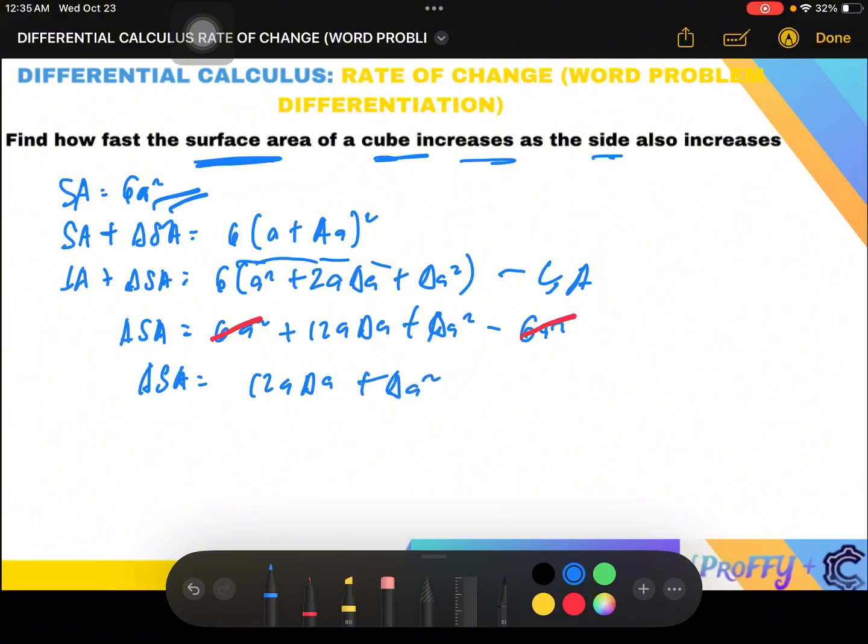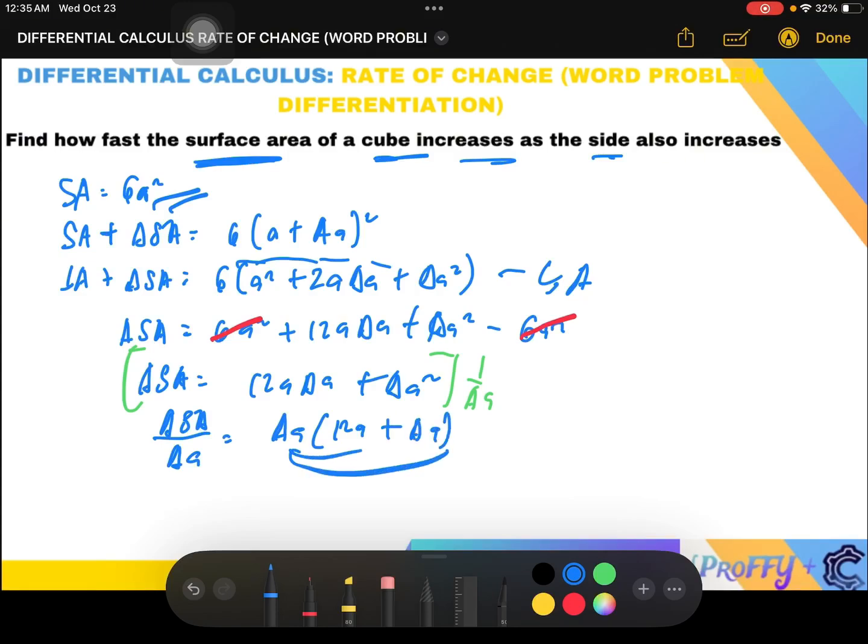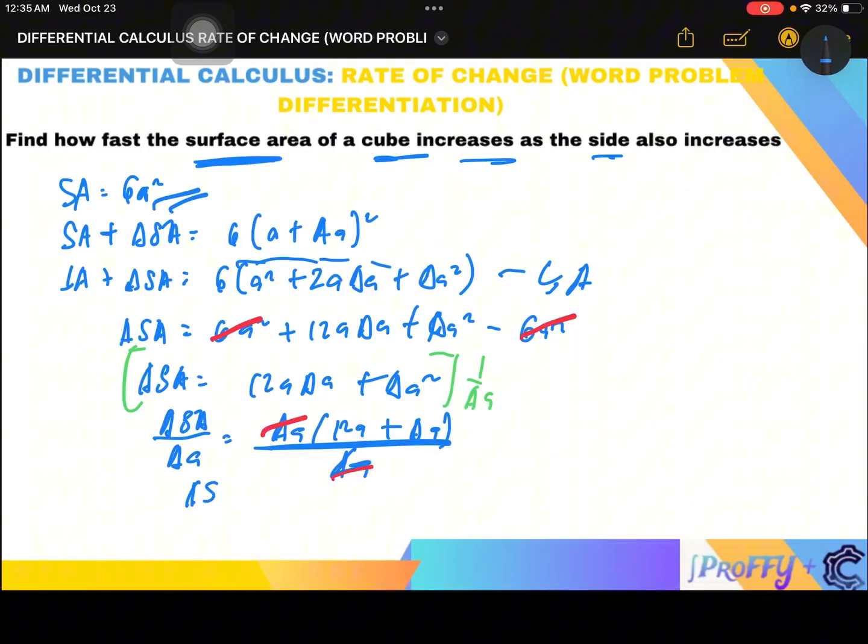Then divide both sides by delta a. So delta SA over delta a is equal to 12a delta a plus 6 delta a squared over delta a. This will cancel. Ang natira is delta SA over delta a equals 12a plus 6 delta a.